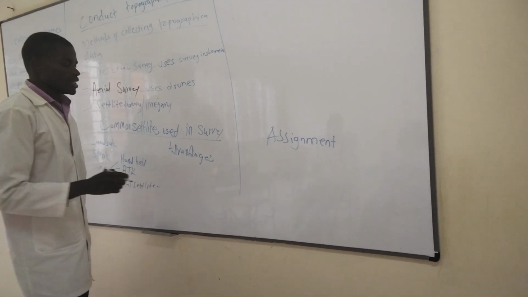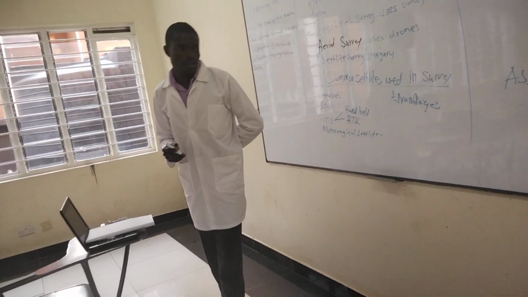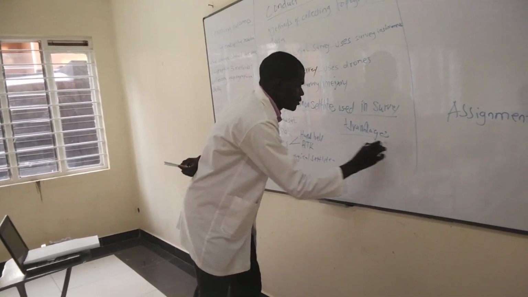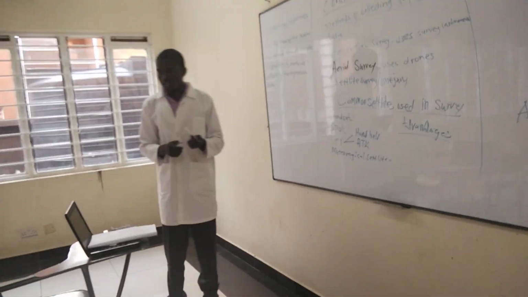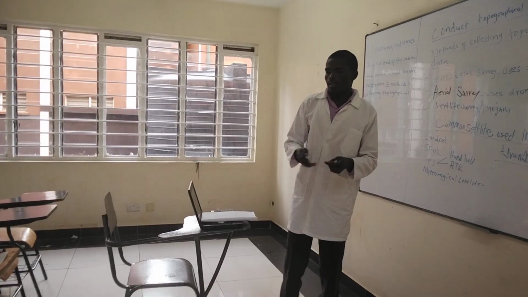What are the advantages of using satellites as a way of collecting data? Yes, number one. I think it helps in the faster collection of data. It's very fast, that is okay. Yes, it processes data immediately, in real time.